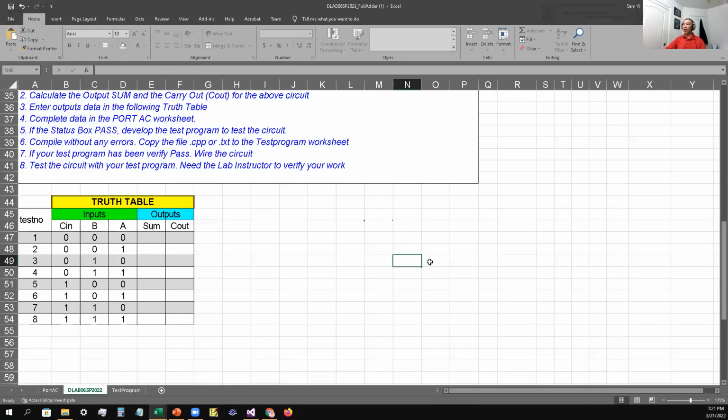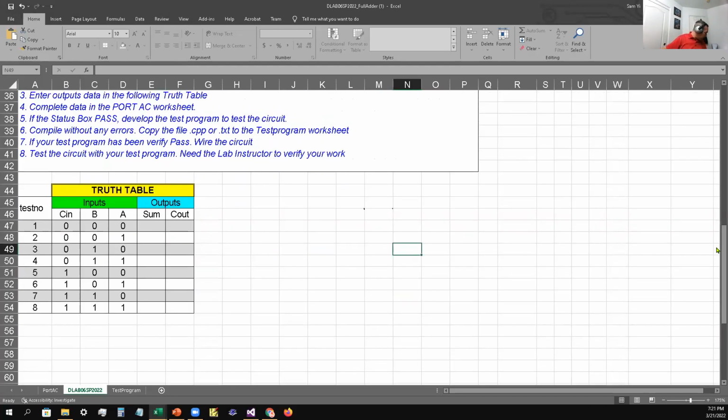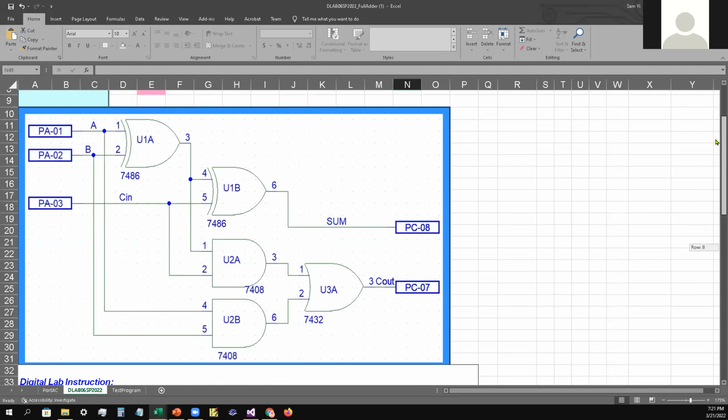Okay, so DLab 6, you can look at it as pretty simple. We just look at whatever the input and output is. Like Mr. Pham said, going through, A is PA1, B is PA2, and 3 is CN.